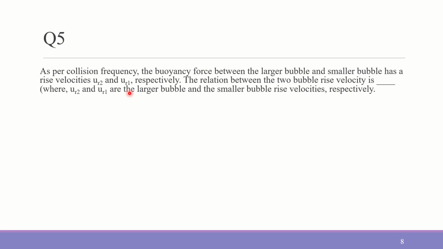So the larger bubble has rise velocity ur2 and the smaller bubble has rise velocity ur1. What is the relation between ur2 and ur1? Without options itself, we should be able to say this. Can anyone say that? ur2 is greater than ur1, or ur2 is less than ur1, whatever it is. Can anyone say the answer?